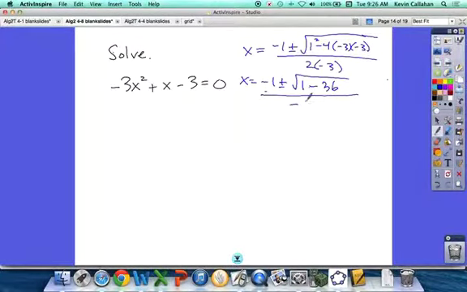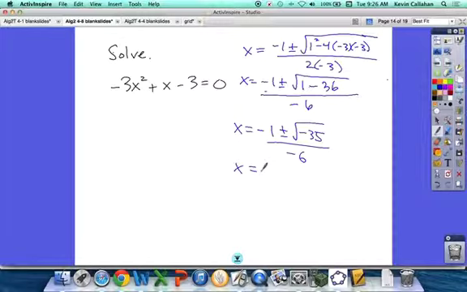Divided by negative 6. Okay, x equals negative 1 plus or minus the square root of negative 35, divided by negative 6. Now, is there any simplifying we can do there? Can you simplify the square root of 35? I mean, 35 is not a perfect square.